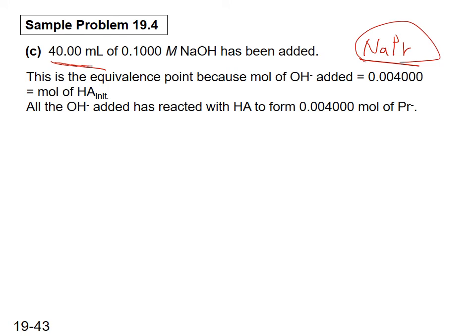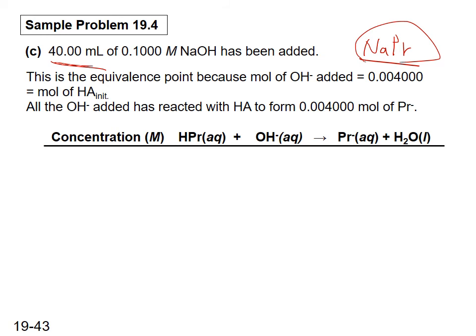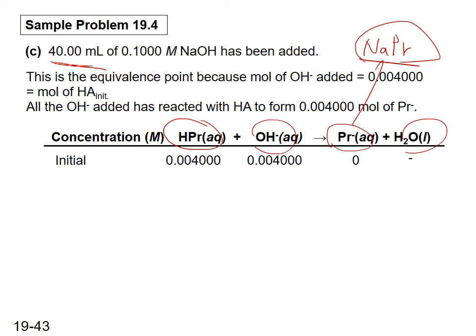Now to verify this conclusion, let's draw the reaction table, which is between the weak acid and the hydroxide. Neutralization gives you water and the conjugate base, which combined with sodium is the salt. Initially we have 0.004 moles of acid, and the base we add is the same amount, because 40 milliliters times 0.1 gives the same amount.